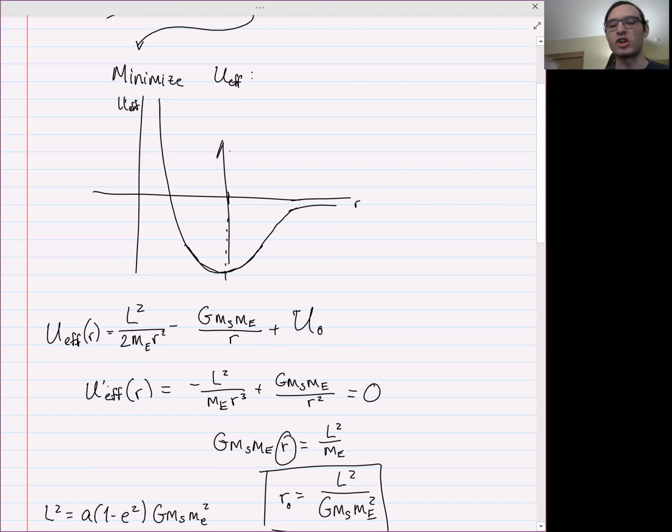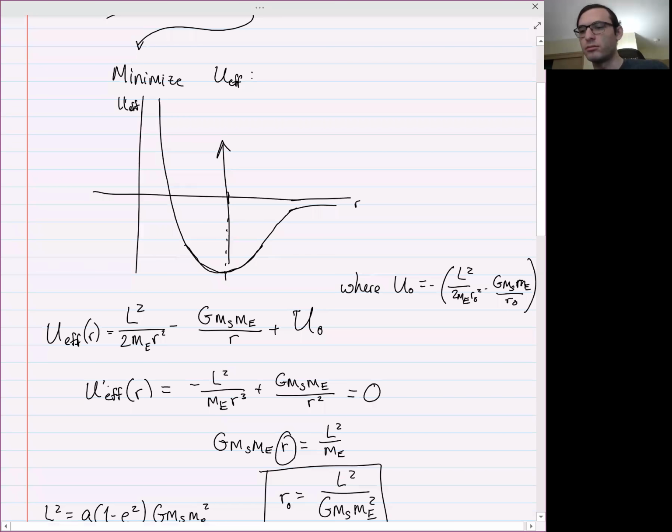We're just shifting this whole function. And you can do that because you can always add a constant to a potential energy, where u naught is negative L squared over 2 me r naught squared minus gms me over r naught.